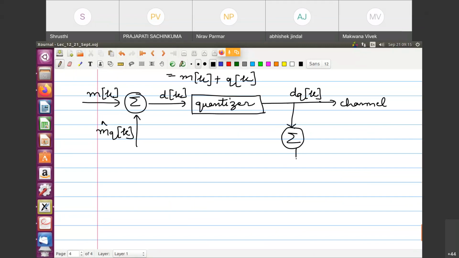And the output of this summation block is fed back to the predictor. Sorry, this acts as an input. Now we know that if at all your predictor needs to work fine, or as per our logic, this should get m of q k as the input.